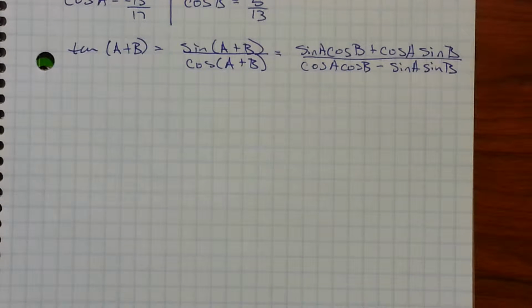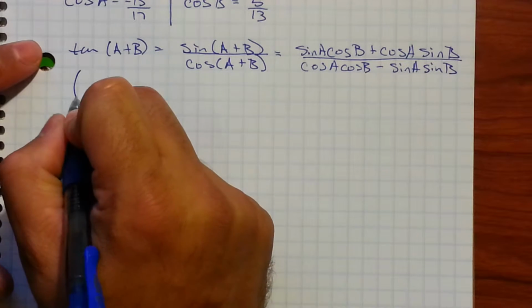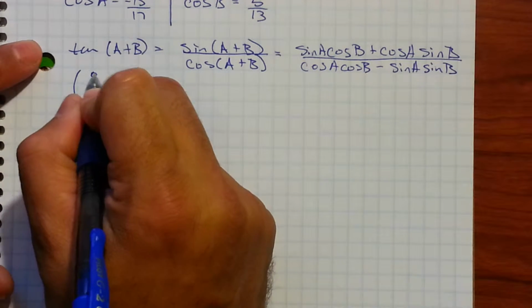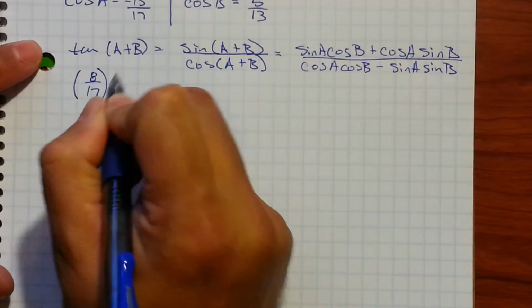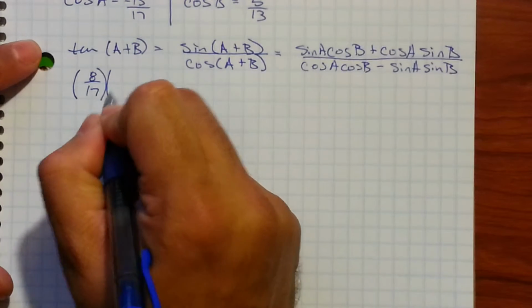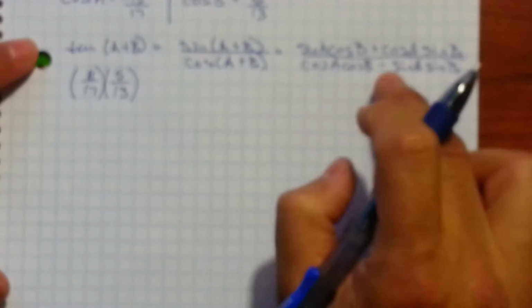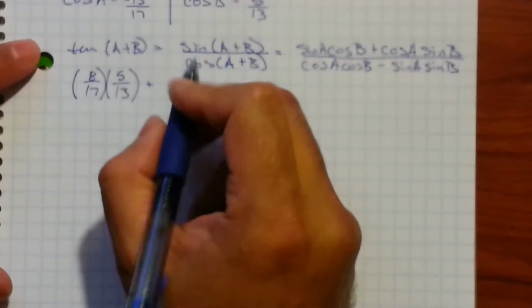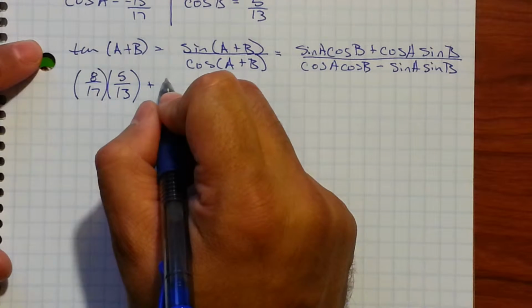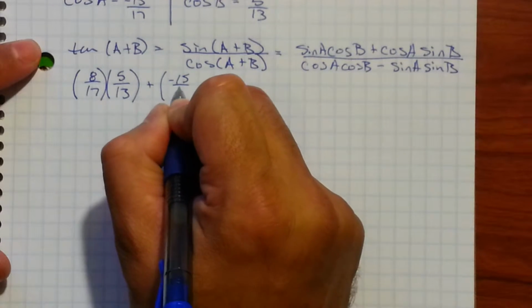Now I have all that laid out, and I'll go through and start plugging in the numbers that I have. So sine A is 8 over 17. Cosine B, 5 over 13. Plus cosine A, negative 15 over 17.